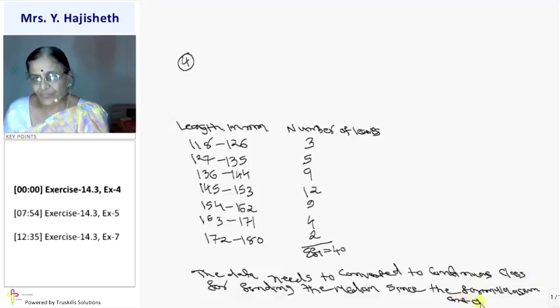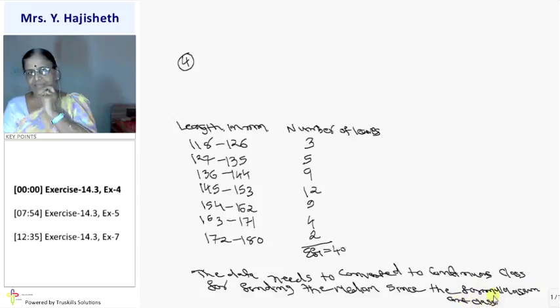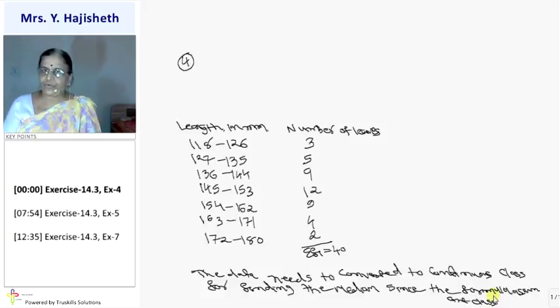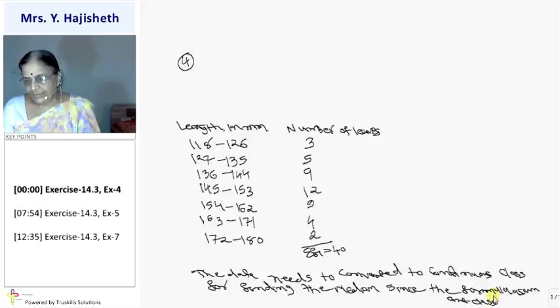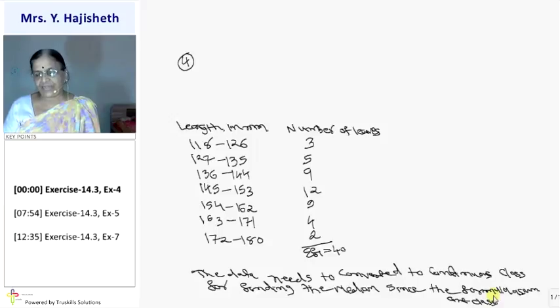See, we want continuous classes. The data needs to be converted to continuous classes, since the formula for finding the median needs continuous classes.